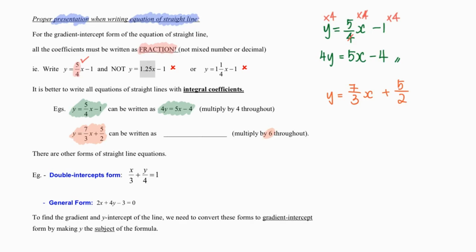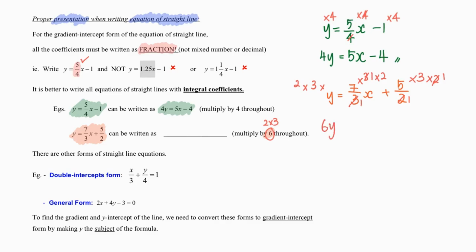Because I'm going to multiply by 3, right, so that here can divide off. Then here still got 2 as a denominator, so I need to multiply by 2, so that here also can divide off. So 2 times 3 is 6. That's why in the notes I straight away put multiply by 6.